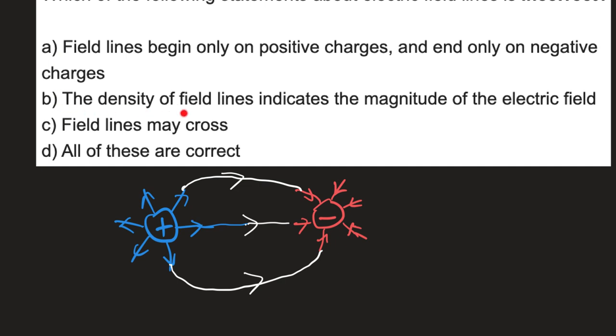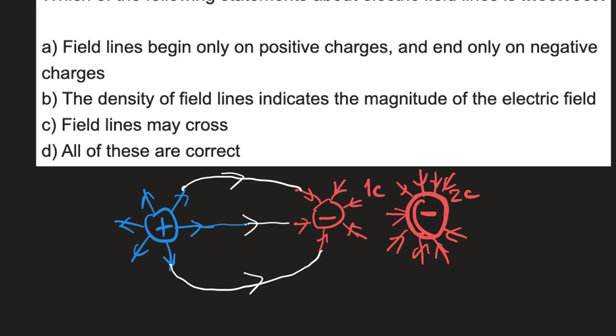B, the density of field lines indicates the magnitude of the electric field. So if, for example, this one is 1 coulomb, and then we had another one which is negative, right? So this is like a 2 coulomb charge. Then in order to show the electric fields, we actually would just do more electric field lines pointing in toward this.